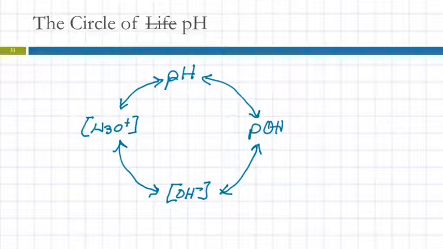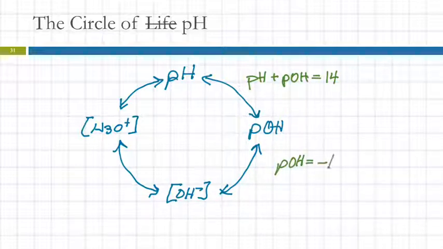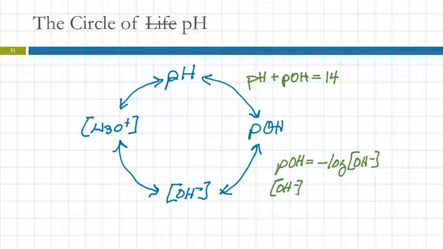So then I'm going to put the relationships in here. For this conversion, we have pH plus pOH equals 14. Down here, let's start that over. pOH is negative log of the hydroxide ion concentration. We're going the other way. Hydroxide ion concentration equals 10 to the negative pOH.